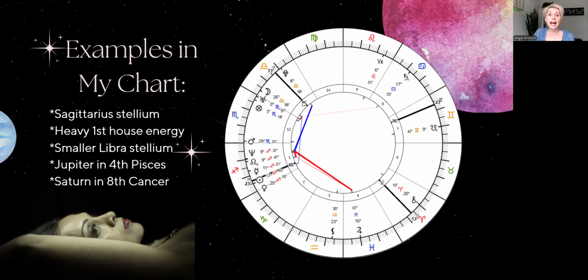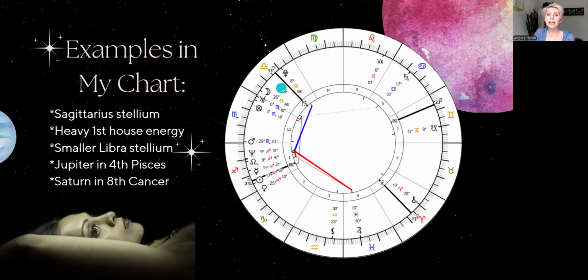All right, then I have a smaller stellium in my Libra ruled house. So if we come over here back to Libra, you see I have my moon, I have Pluto, and then I have something right here. This line is called the MC, or the midheaven.